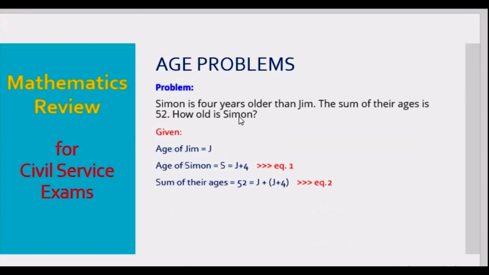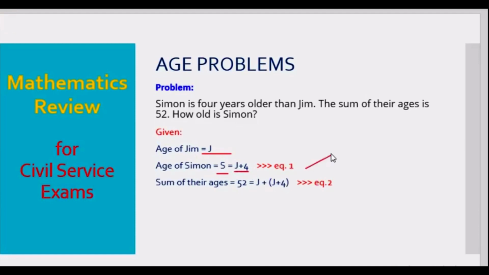Okay, from the given problem, the age of Jim is assumed as J. So I did not prepare any table here because there is only one condition, only one particular time, which is present. And the age of Simon here is 4 years older than Jim, so it is written as J plus 4.